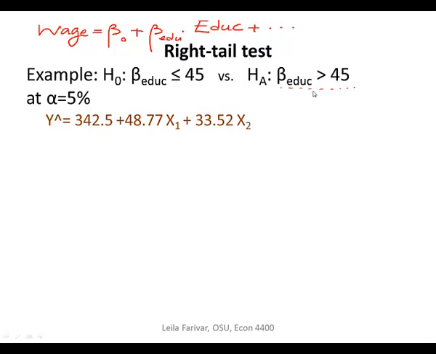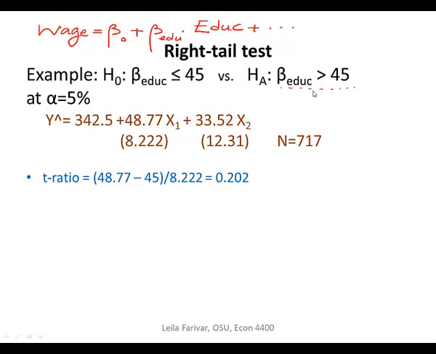This is the estimated value for our model. X1 is the education here. These are the standard errors for us, and the t ratio. In order to get the t ratio, we are looking at beta hat for the education, so x1 here was the education variable.